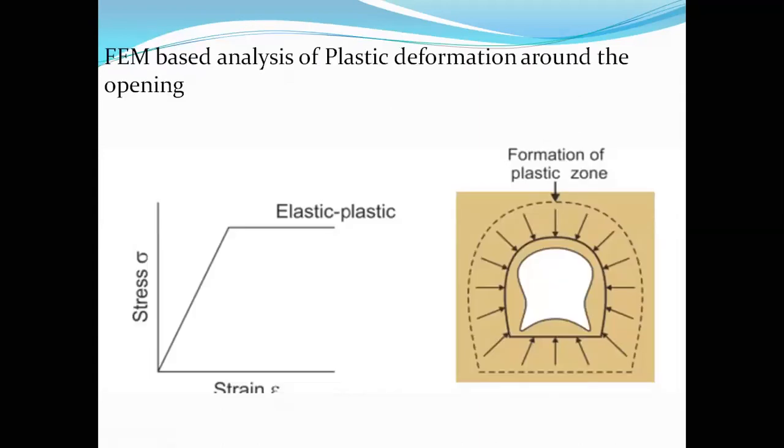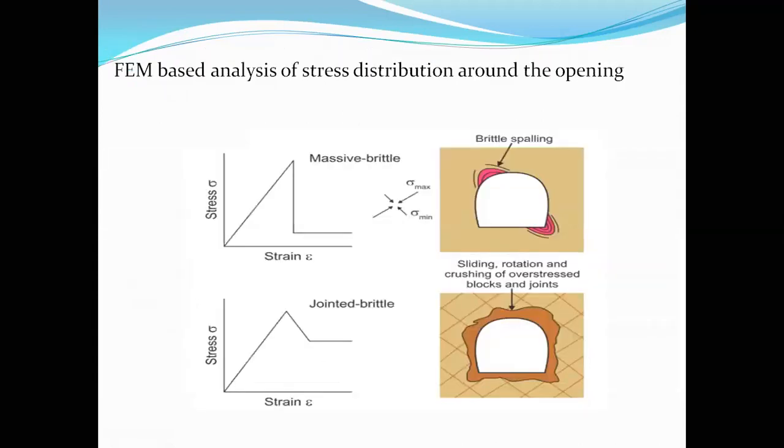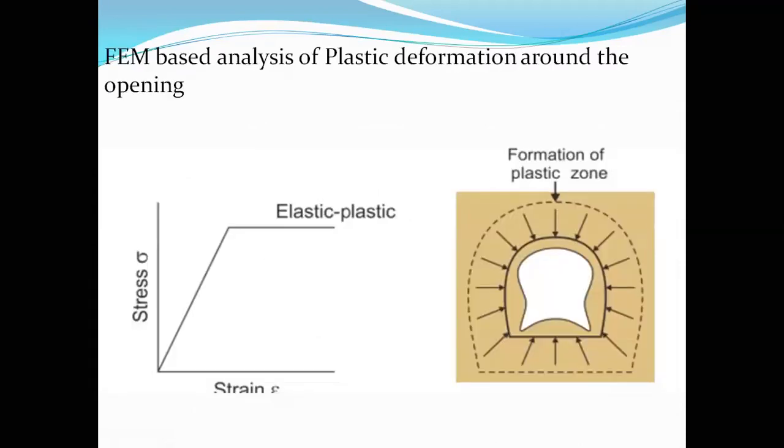So this is about the redistribution of stresses and predicting the various stress distributions around the opening using FEM-based analysis, given the physico-mechanical properties and other properties as input to the software.